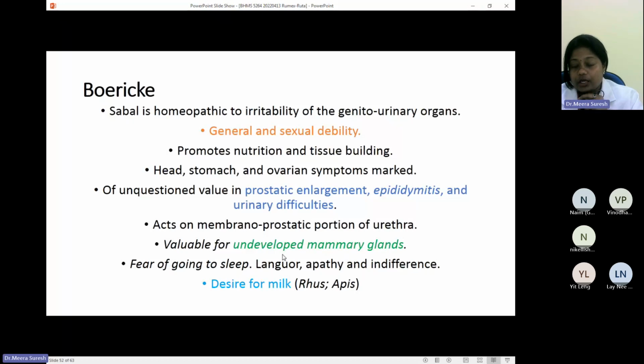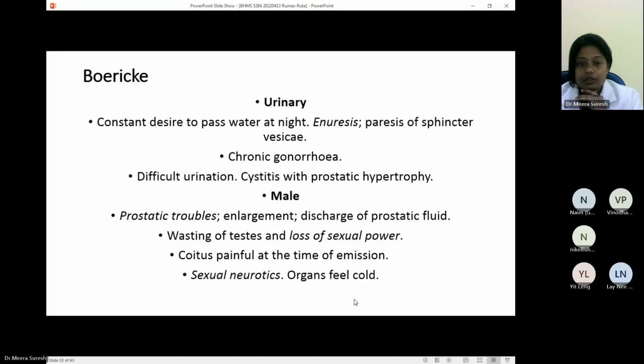It is also valuable for undeveloped mammary glands. There will be fear to go to sleep, languor, apathy, and indifference, not much characteristic. There is a desire for milk, similar to Rhus tox and Apis. Urinary complaints, the male complaints, are important.